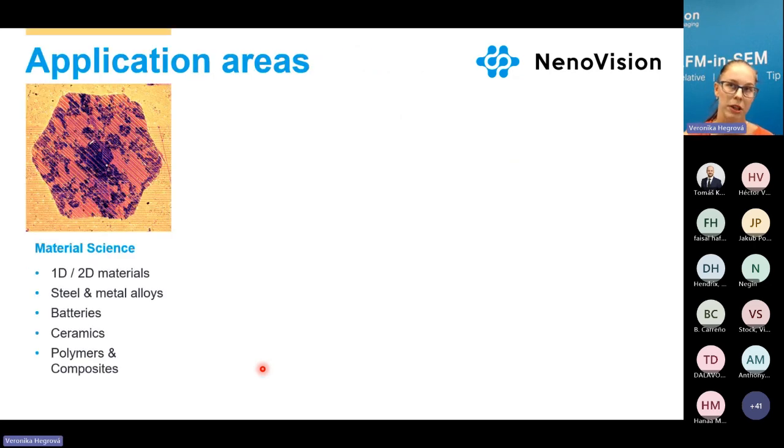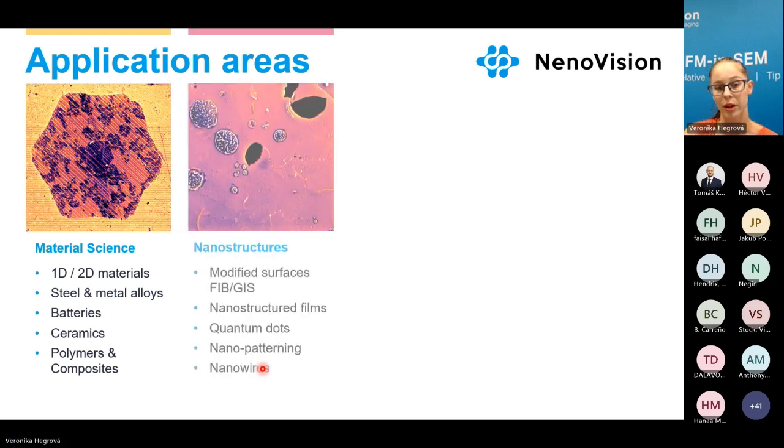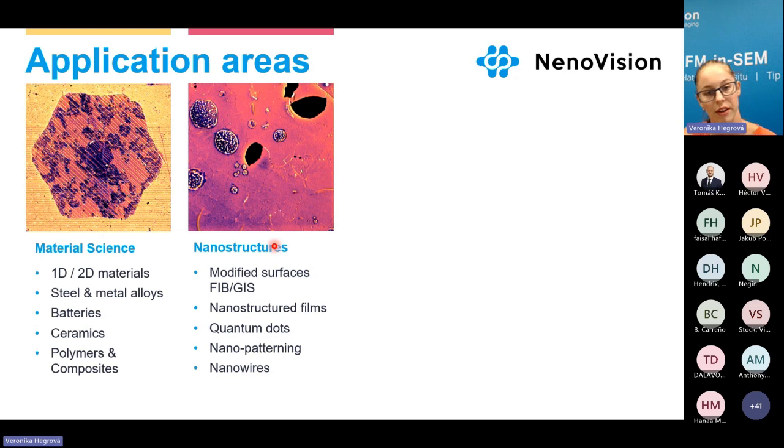I would divide our application areas into 4 groups. Material science, such as low-dimensional materials, steels, metals, ceramics, batteries, or in nanostructures, the advantage of having focused ion beam or gas injection system is quite nice if we don't know the parameters which should be set.